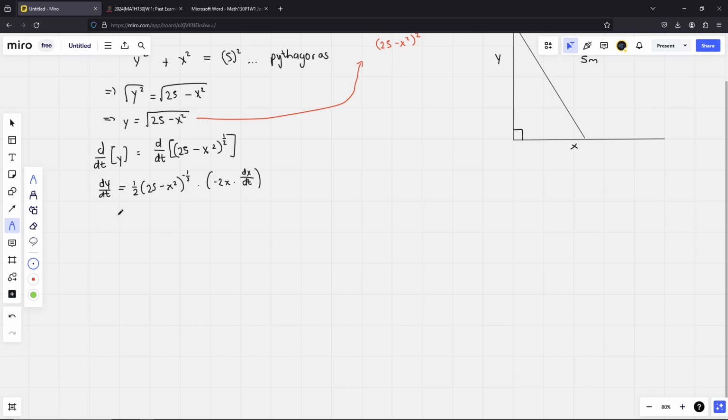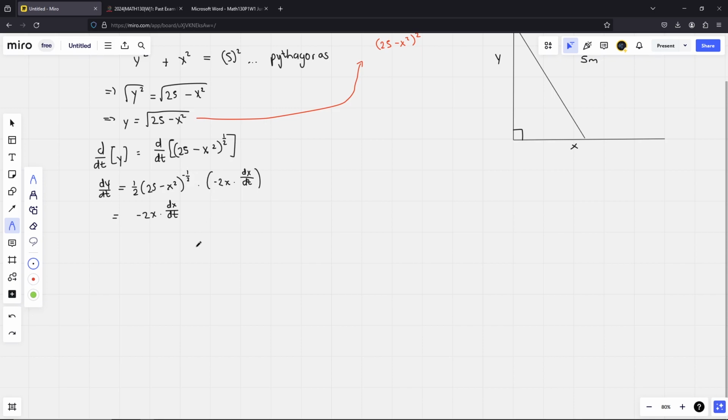So we can simplify this by saying, I'm going to multiply this by that fraction. So I can say minus 2x multiplied by dx by dt, and then notice that I have a negative exponent.